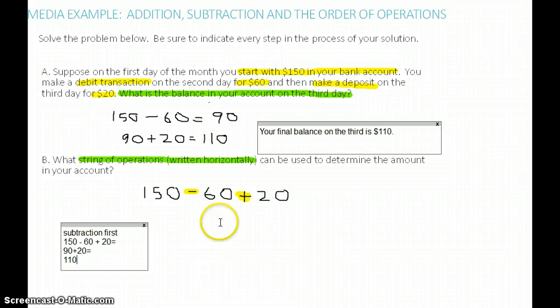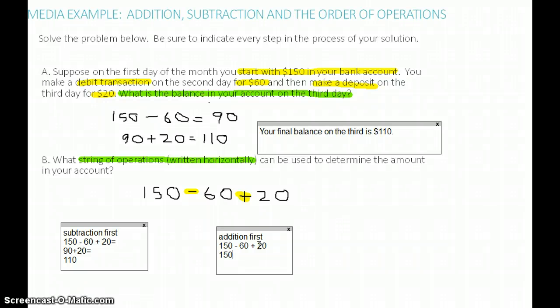Now let's see what would happen if we did the addition first. So we start with 150 minus 60 plus 20. Well, if we did the addition first, we would take 60 plus 20.